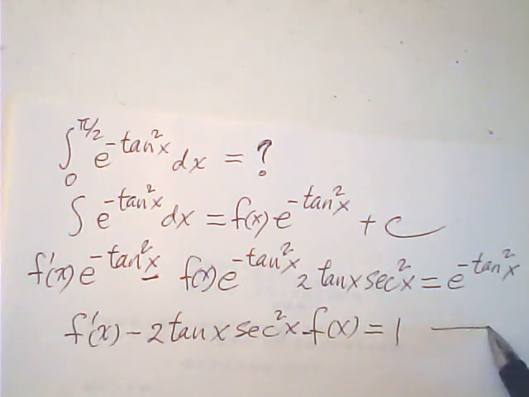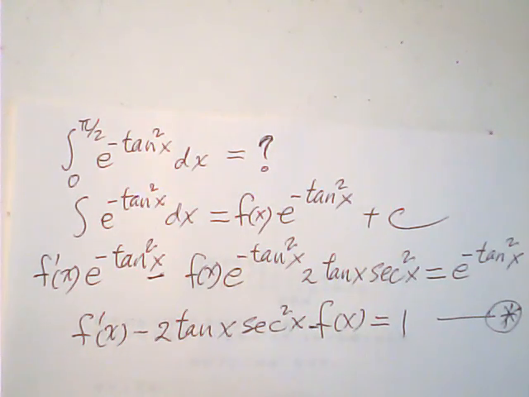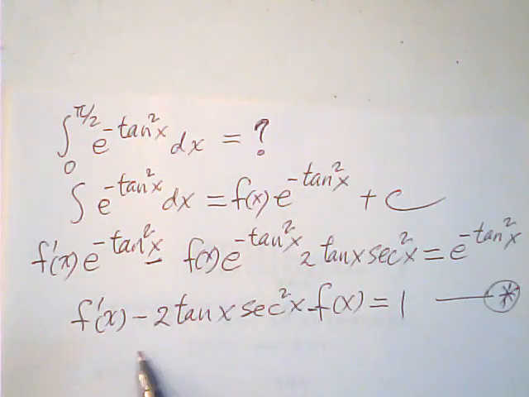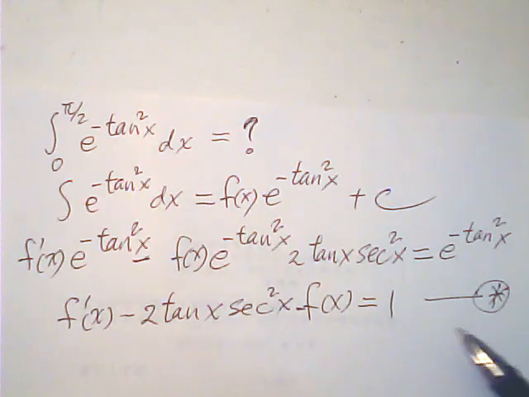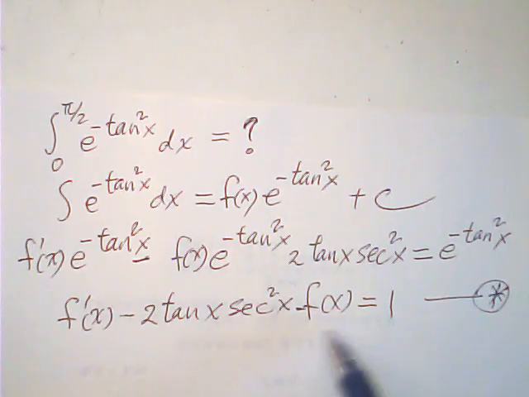Well, I call this one the star equation. Now this is a differential equation of first order, and to find f of x is to solve this differential equation. But we cannot use a regular way to find f of x, because to solve this first-order differential equation, we need to find the integrating factor.